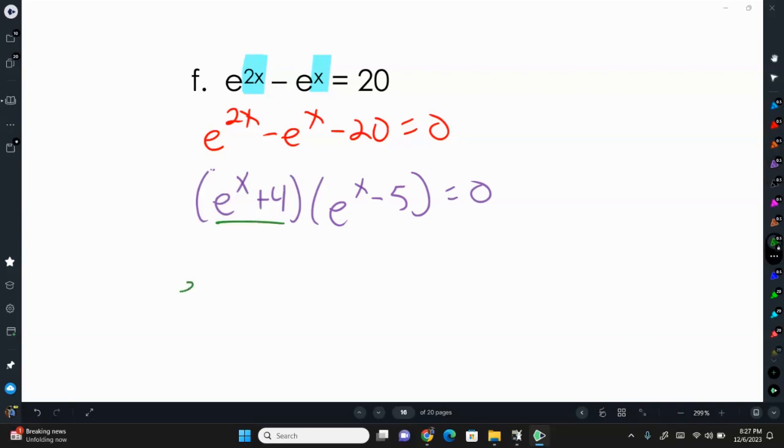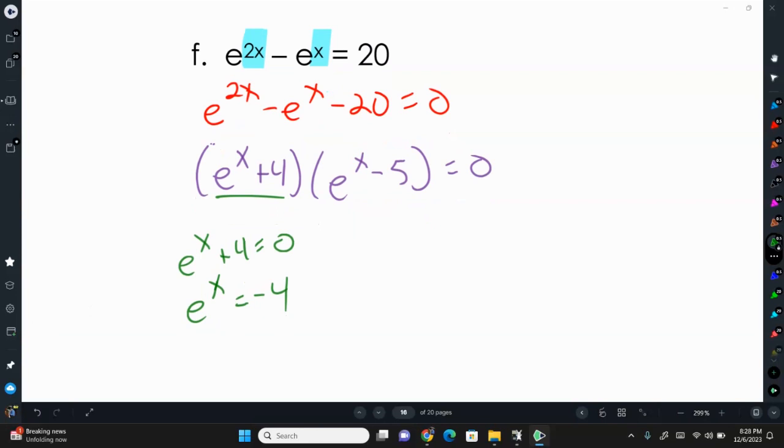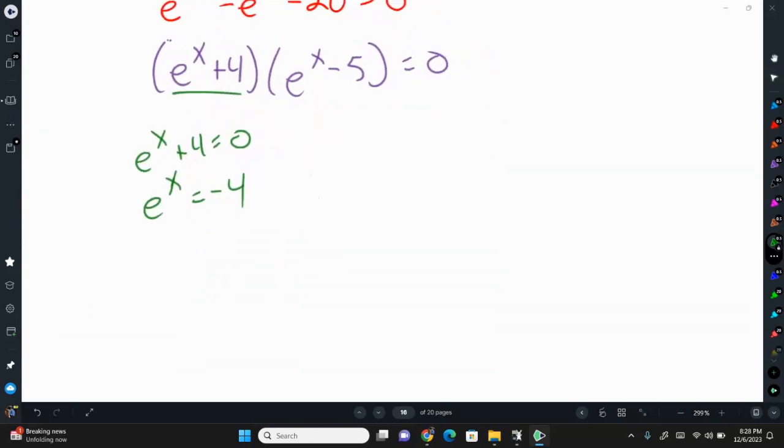Well, for this one, we get e to the x plus 4 equals 0, and then when we subtract 4 from both sides, we get e to the x equals negative 4. Now, we know from the previous page that this particular situation has no solution. But we also talked at the beginning of this unit that we can never raise any number to a power and get a negative answer.